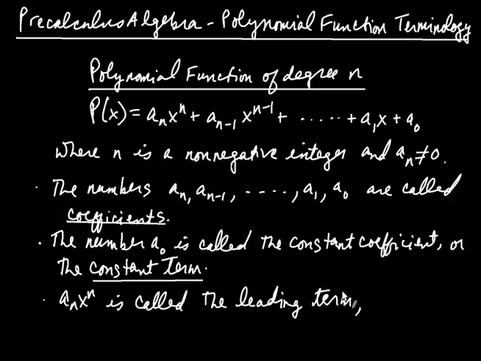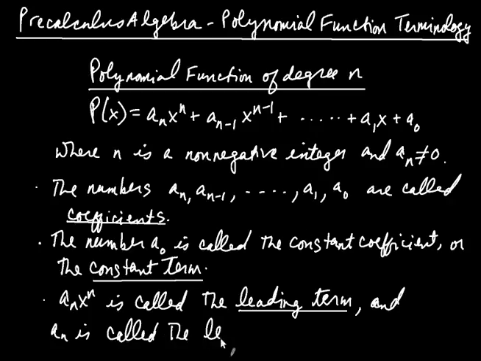So a sub n x to the n is called the leading term, and the coefficient, a sub n, is called the leading coefficient. We're going to be using these terms very often in our class soon. So it's important to define them.